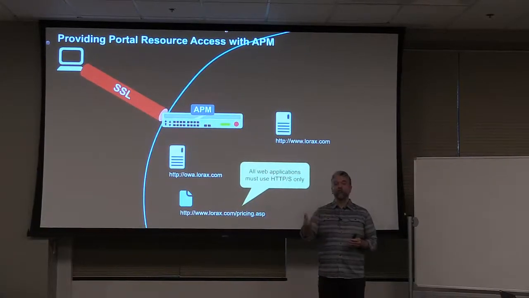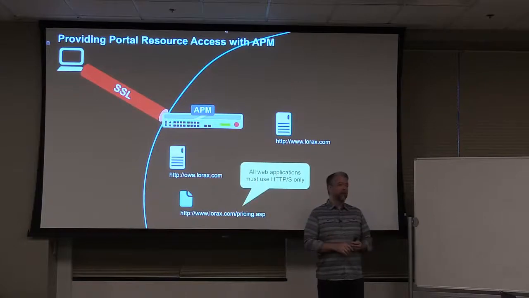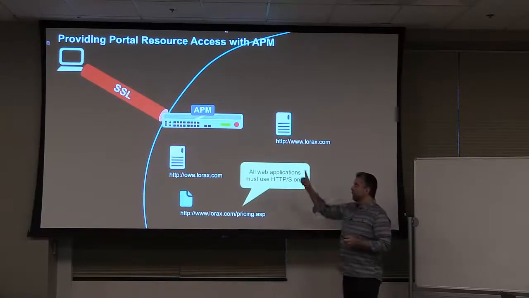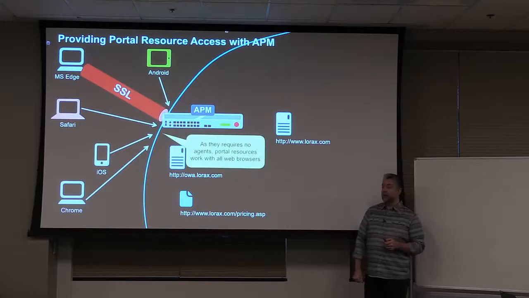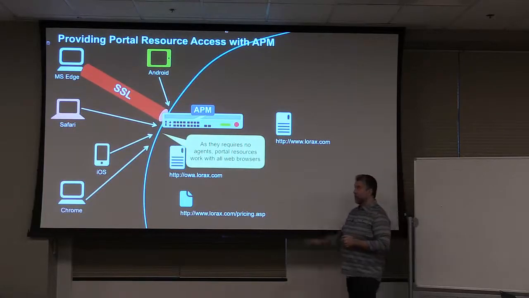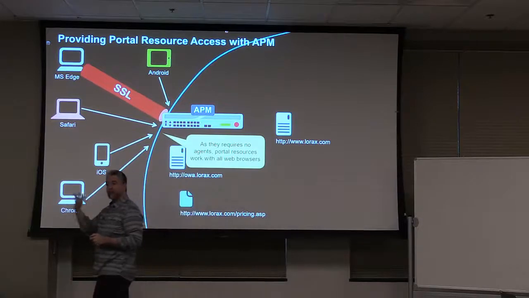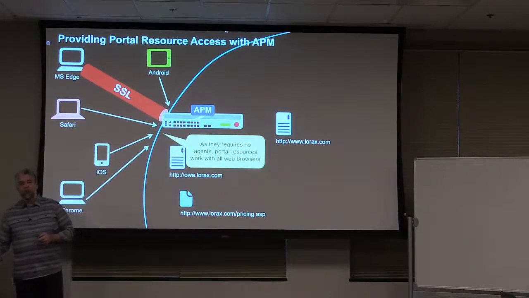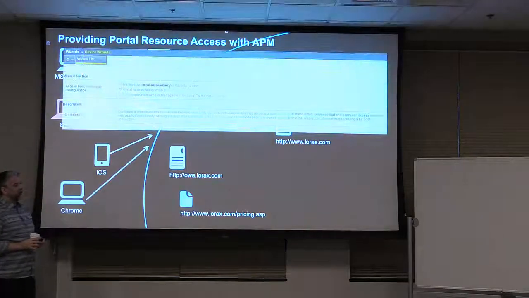And as our browsers get updated, they try to protect the browsers from agents running. And that causes some issues with our product and our competitors' products. No way around it. But portal resources do not require any agents at all. So it makes it very easy for us to support giving application access to a variety of different device types out there. So that can still be very valuable.